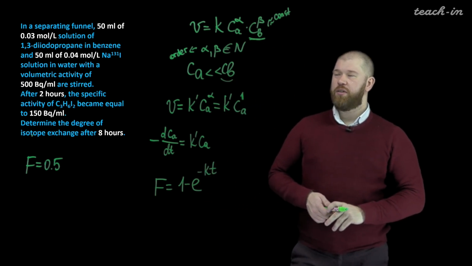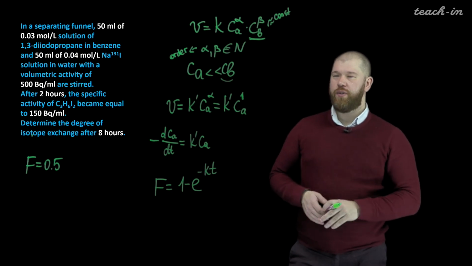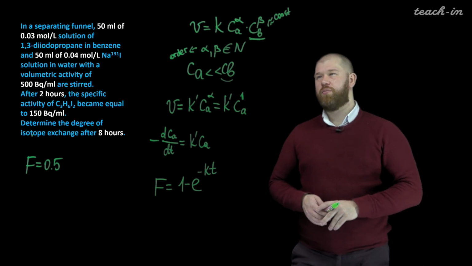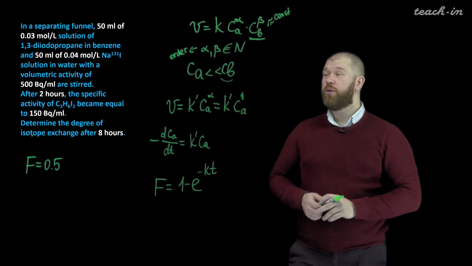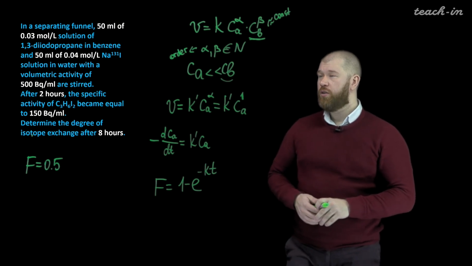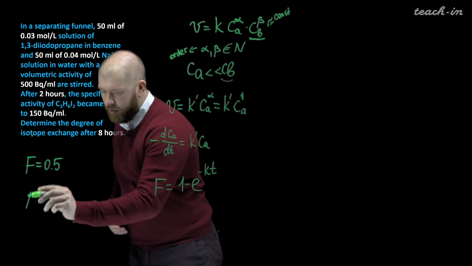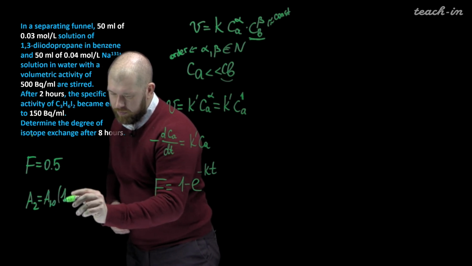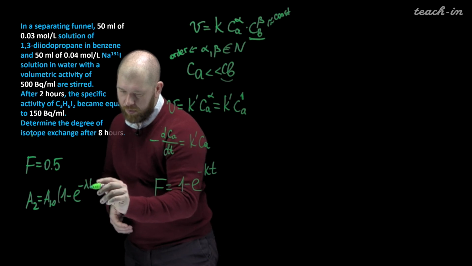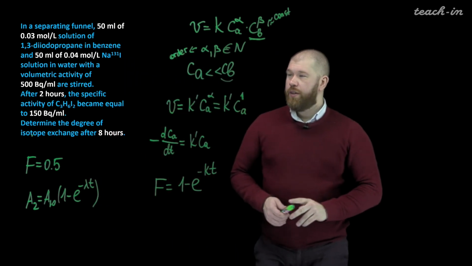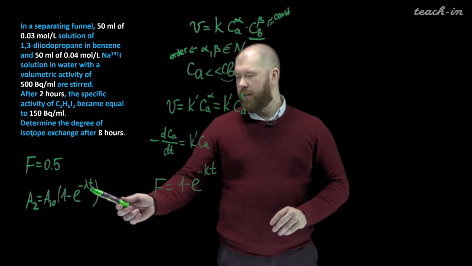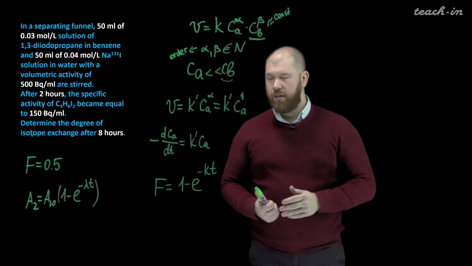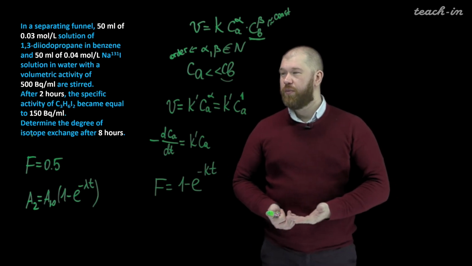That is very similar to the equation from when we talked about secular equilibrium and the accumulation of the daughter radionuclide. I will remind you that it was like this. The only difference is that in this case lambda is the decay constant, and here k is the isotope exchange constant.